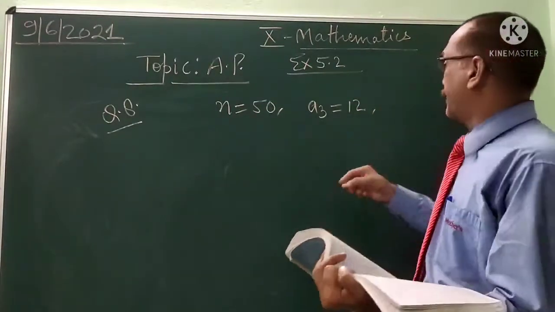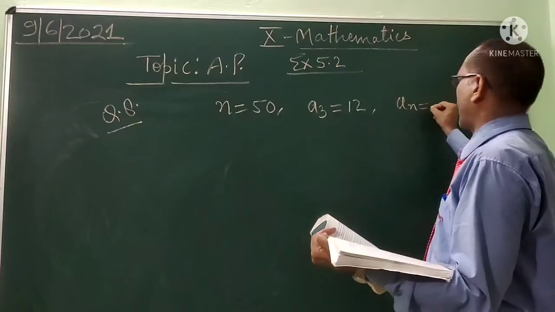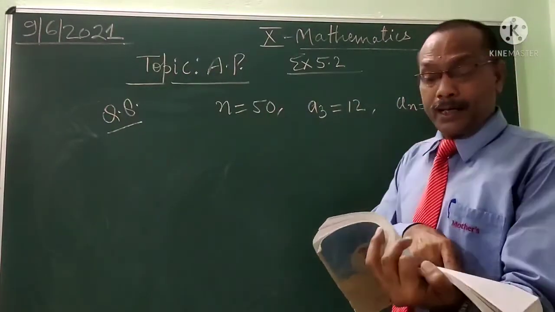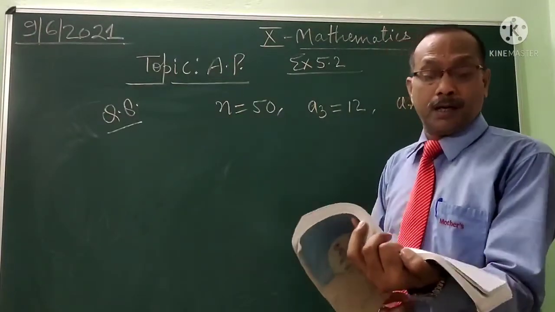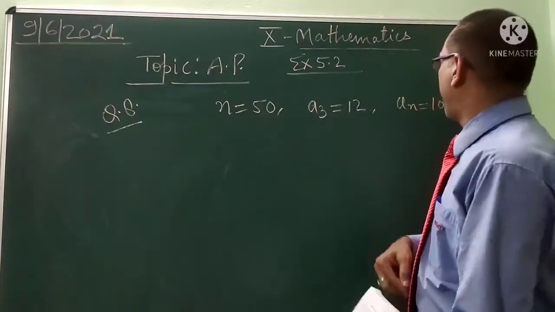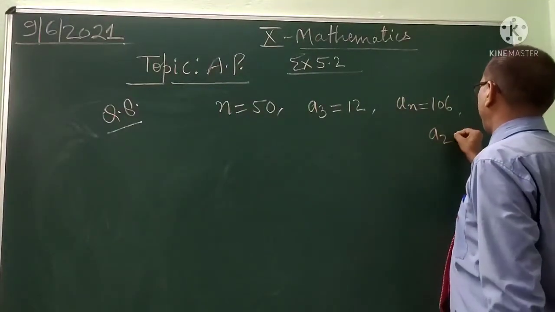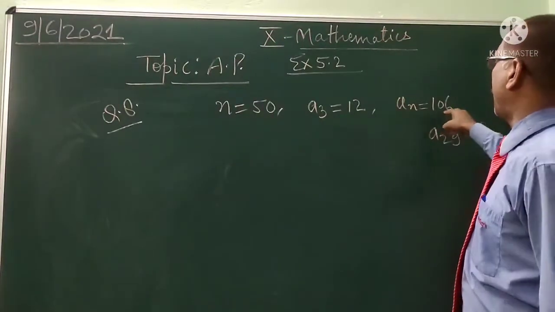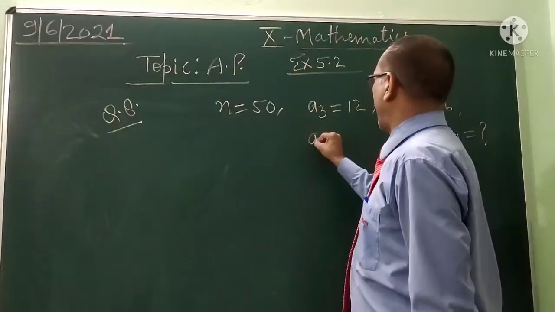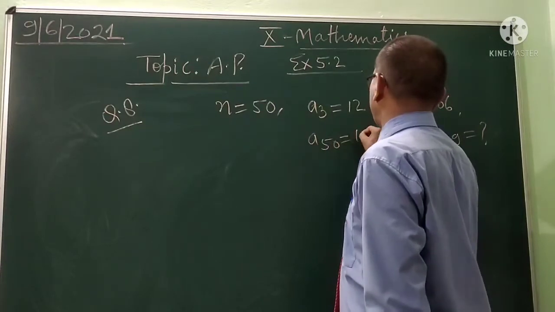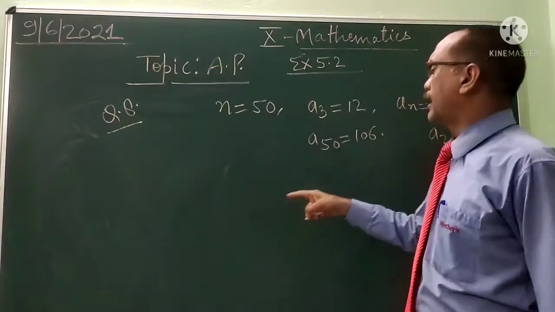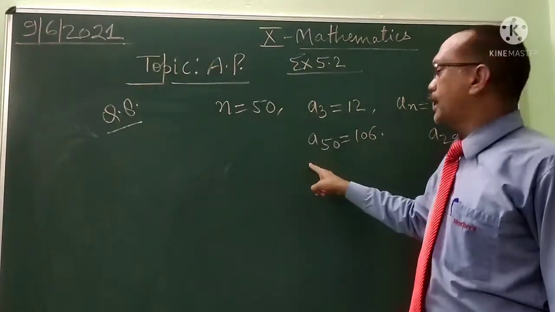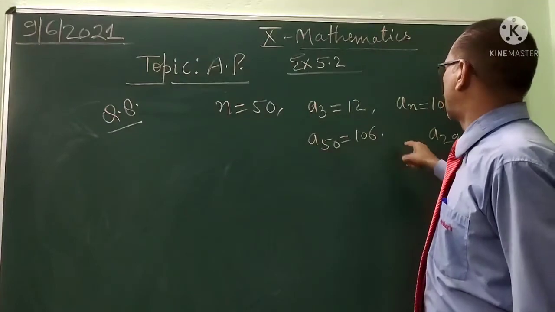And the last term, the nth term, is 106. Find the 29th term. We have to find a29. a50 equals 106, because the last term means the nth term, n equals 50.